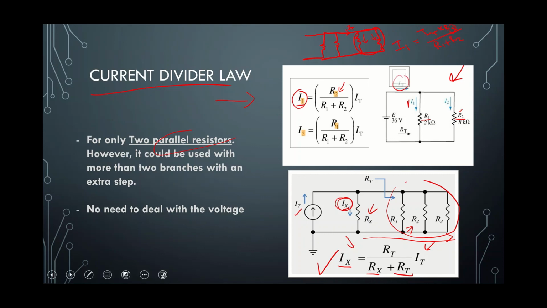Then you end up with this arrangement, where these two resistors are combined. Then you find the I total here and do it the same. Then you end up with two branches, and you have to do it again. But by using this equation, you can find any branch you want without doing the current divider rule multiple times.